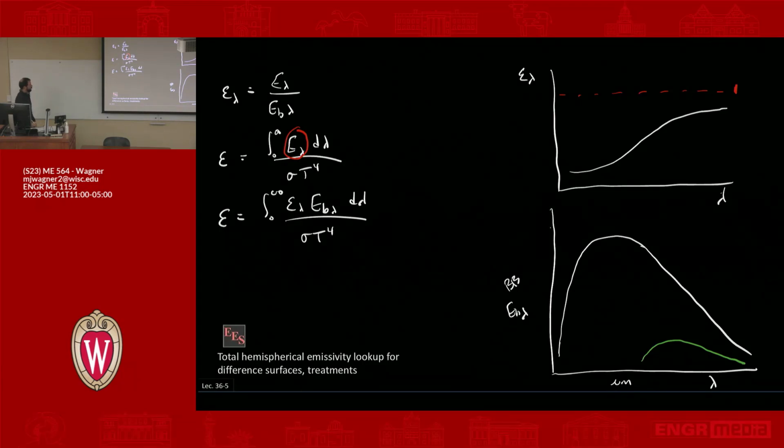So that's maybe a long way of saying that if you're trying to establish the emissivity and you're doing the integral, all you have to do is take this curve and plug it into this integral. All right, but maybe you understand why.